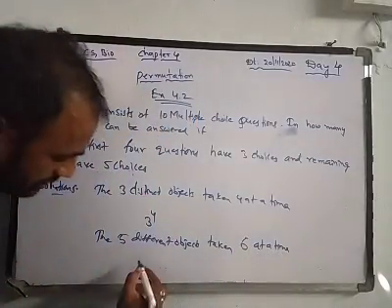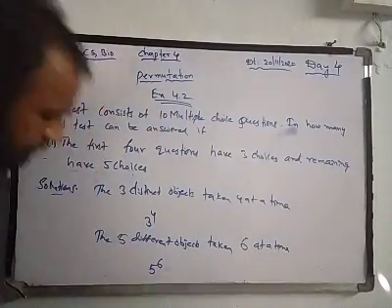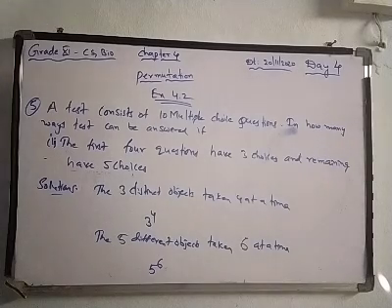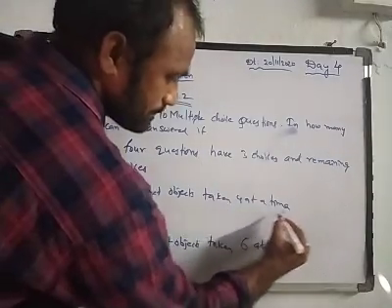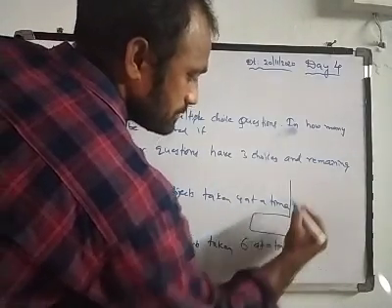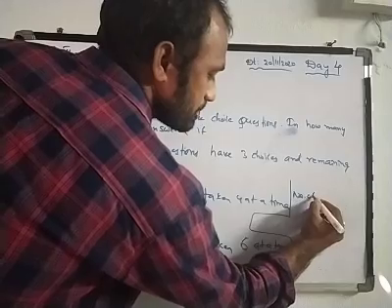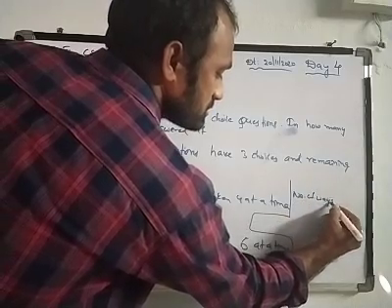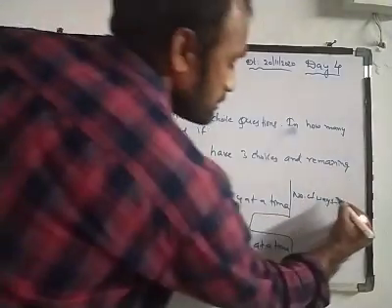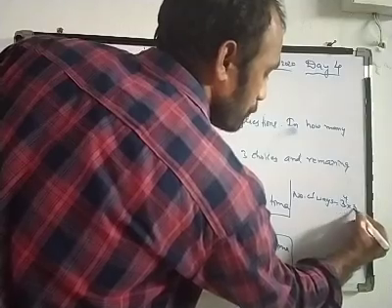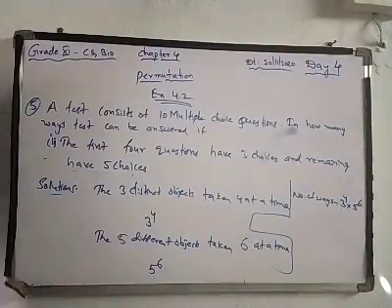So the answer is 5 to the power of 6. Here it is asking the number of ways, so by the product rule, it is 3 to the power 4 into 5 to the power of 6. So these many ways we can answer this.